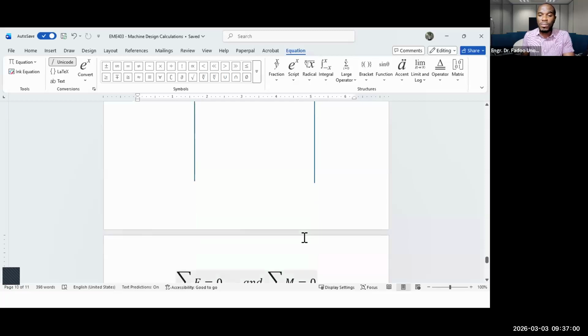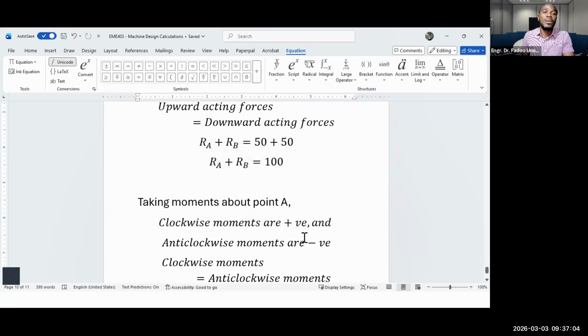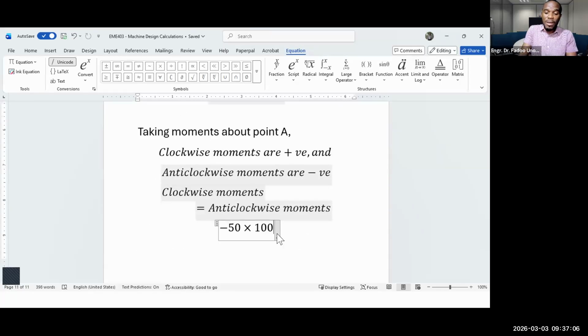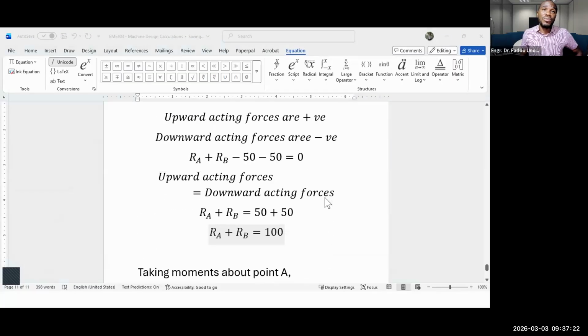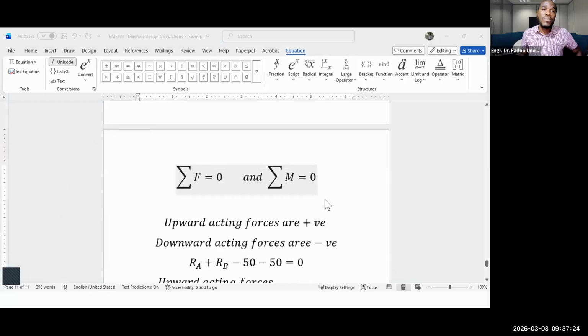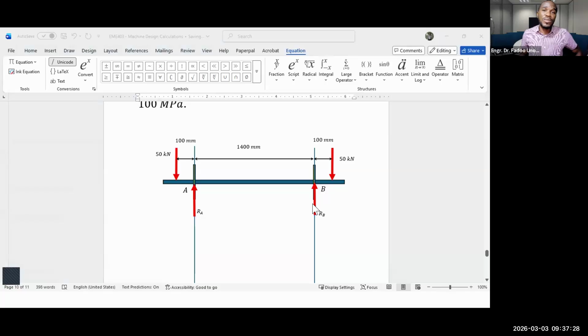So what that means is we are going to have another minus. This time around it is RB, and I'm multiplying it by 1,400 because that is the distance between RB and point A.